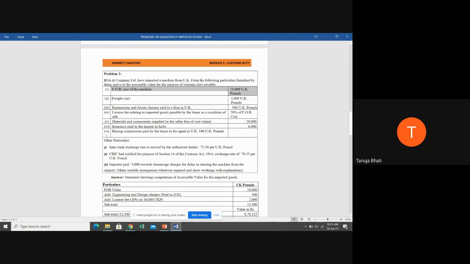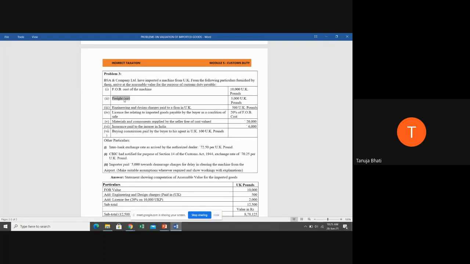Next, freight is given by air. Students, pay attention. Just a few minutes back, we have done the revision. See, the word local freight is not given. So when the word freight is given, that means it is freight charges paid by air for getting the machine from UK to India. So this freight will be added to your FOB in order to get CIF.